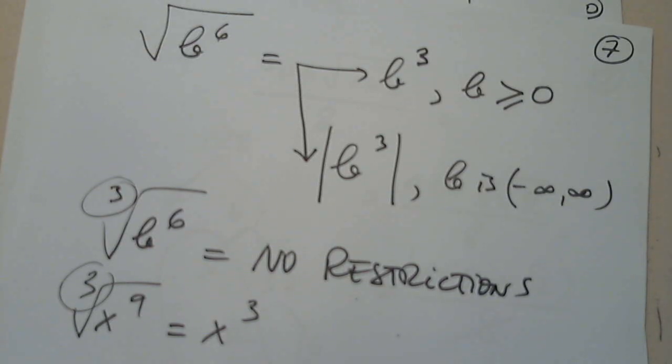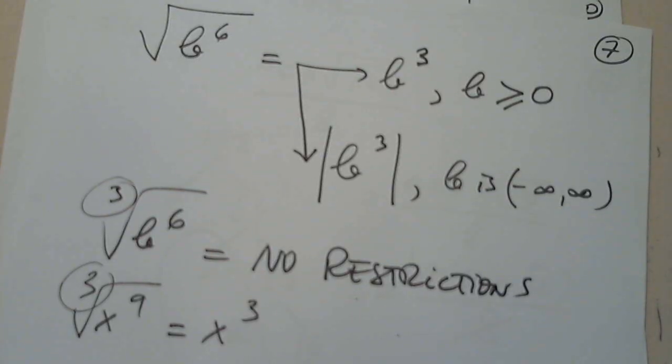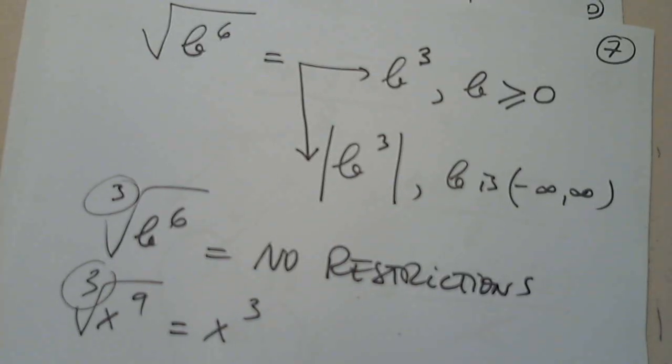So is it only when there's a variable? Oh, yes, of course. You're not going to put the absolute value on 2. Oh, okay. I see now. Okay, thank you.